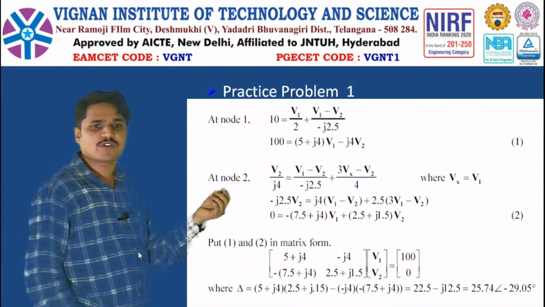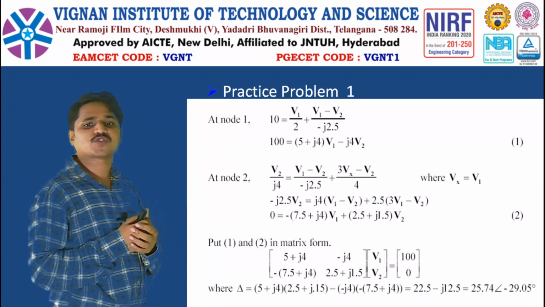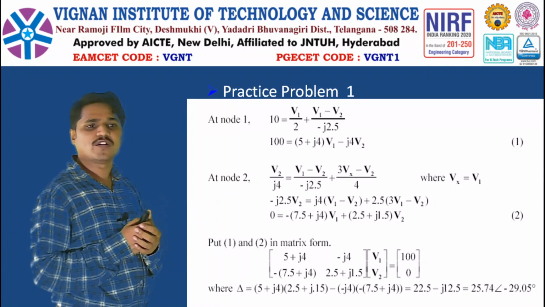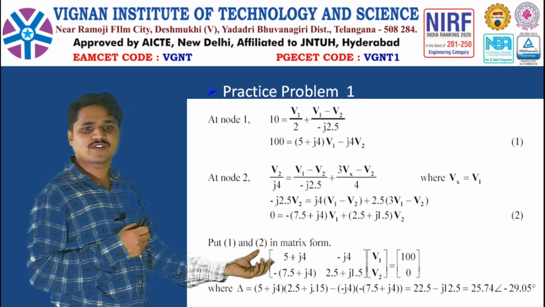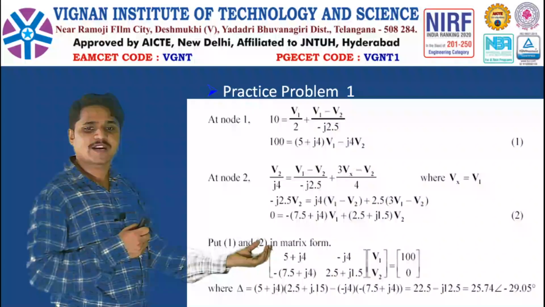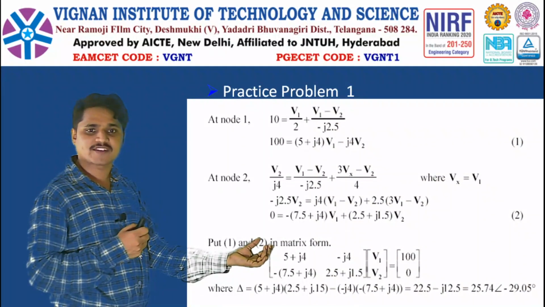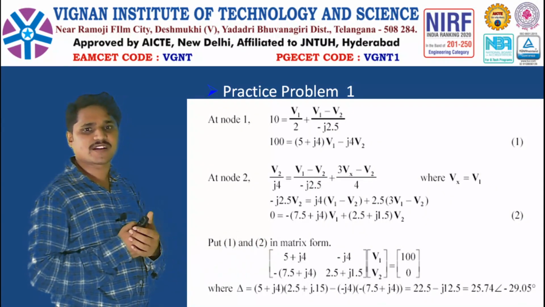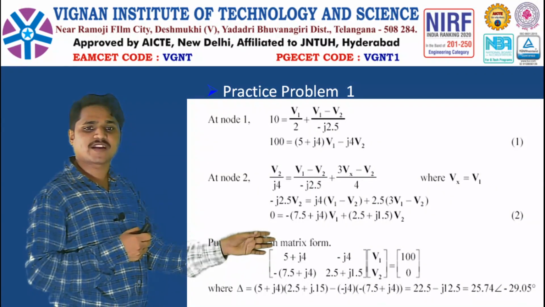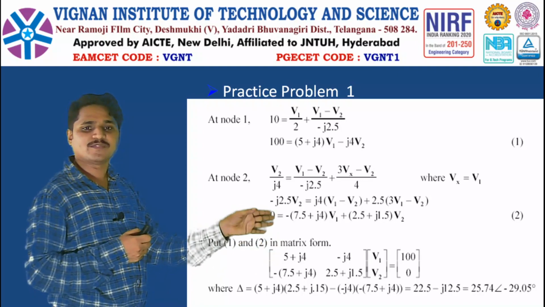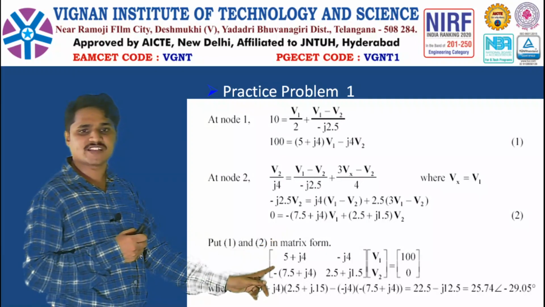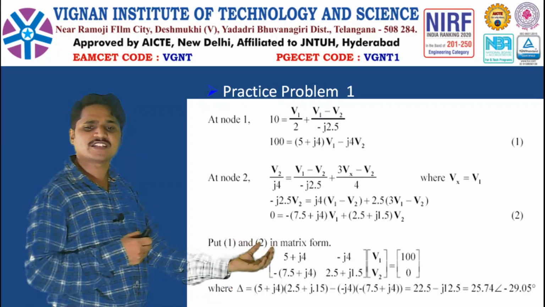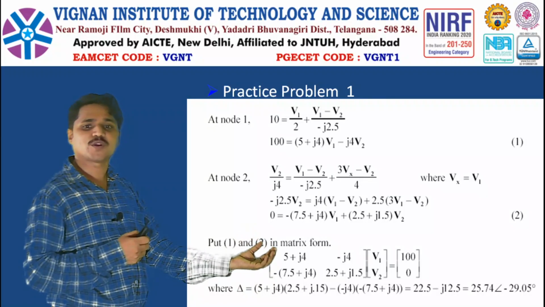In order to get the V1 value, you have to replace the first column of this matrix, let us say this is the Z matrix, the impedance matrix. The first column, 5 plus J4 and minus 7.5 plus J4, you have to replace by 100 and 0.